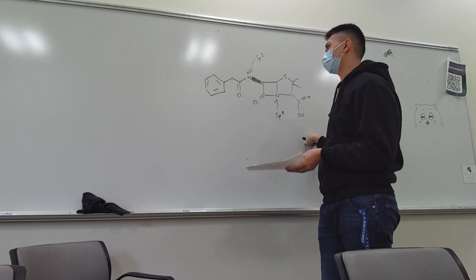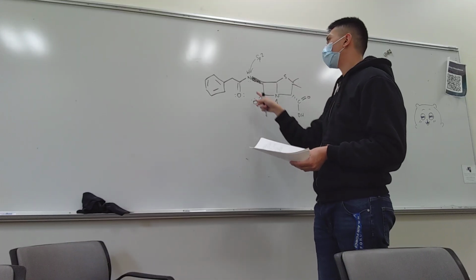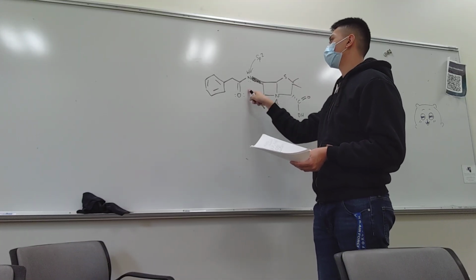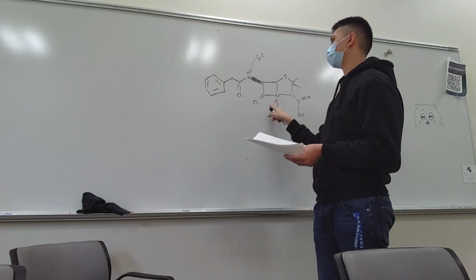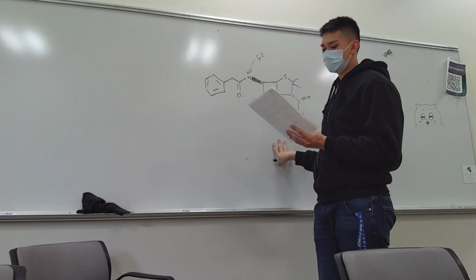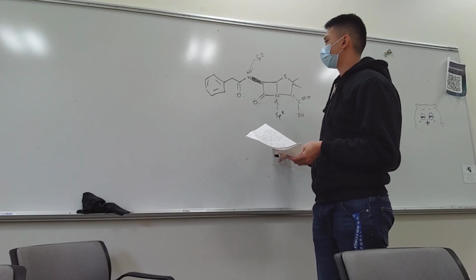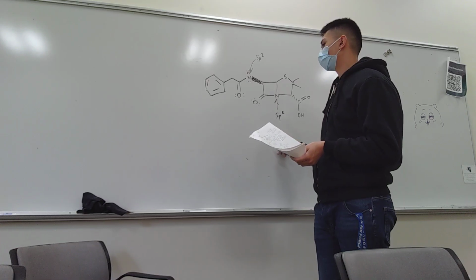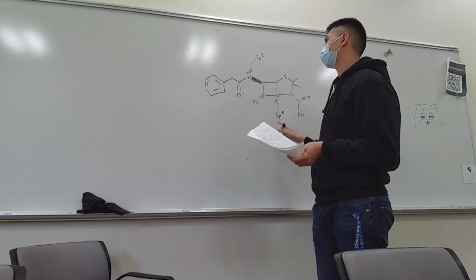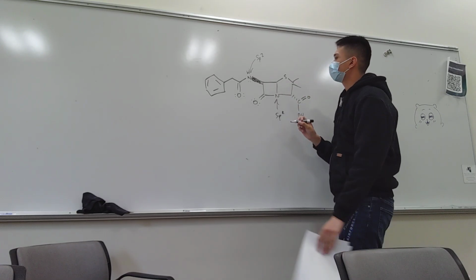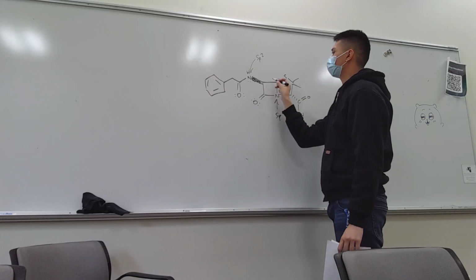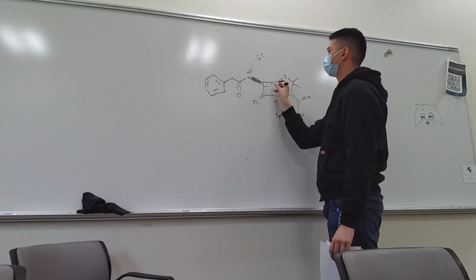And then the next question is to talk about the stability of these two amides, the one that's outside of the ring and the one that's cyclic. And so something that we notice is that sp2, let me backtrack. So pretty clearly we see this pretty strained four-membered ring, right?